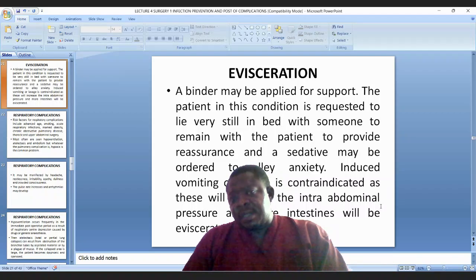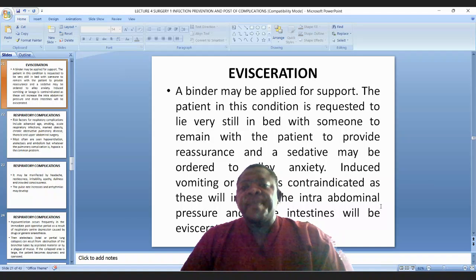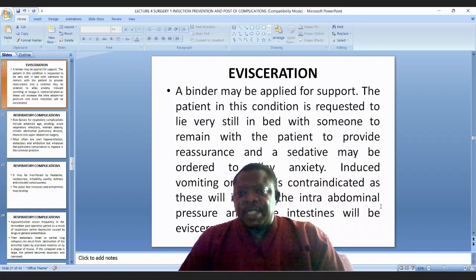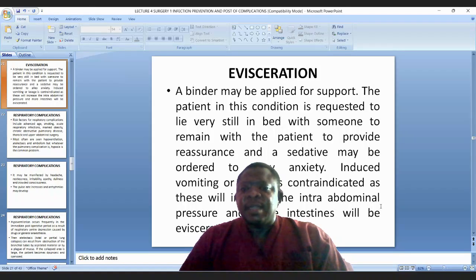The patient in this condition is requested to lie very still in bed, with someone to remain with the patient to provide reassurance, and a sedative may be ordered to allay anxiety. Induced vomiting or lavage is contraindicated as these may increase intra-abdominal pressure and more intestine may eviscerate.